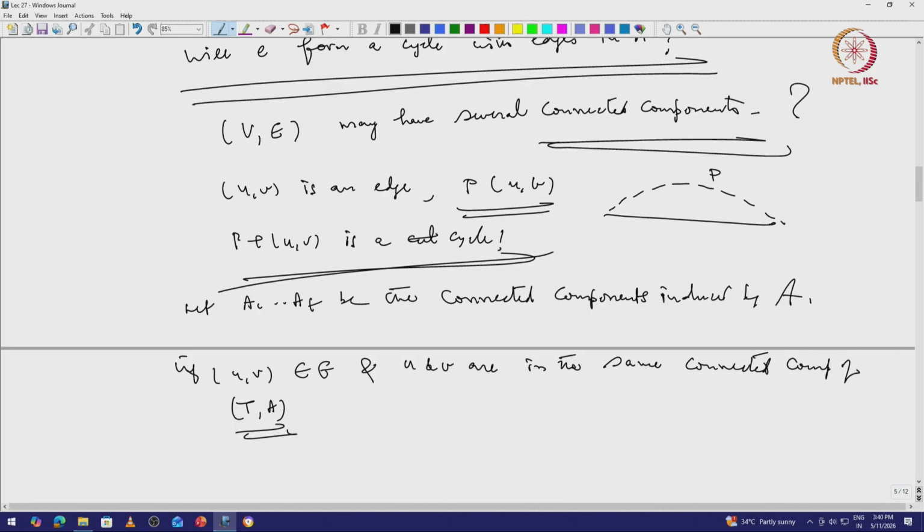So, what do you mean by a connected component? Every pair of vertices there is a path connecting them, that is a connected component.